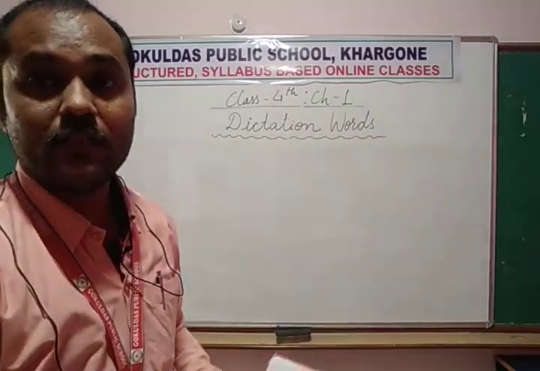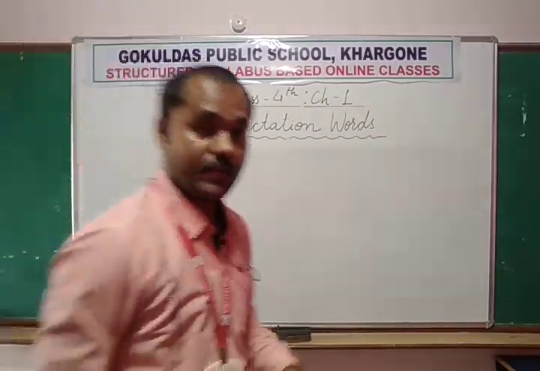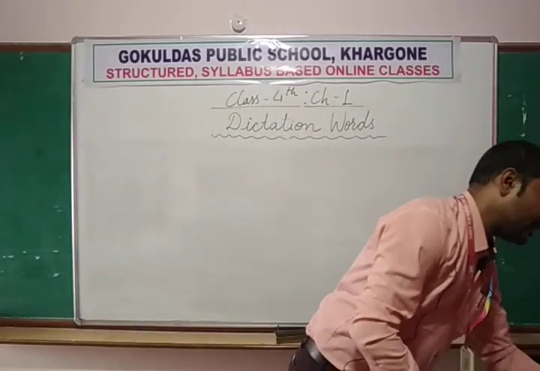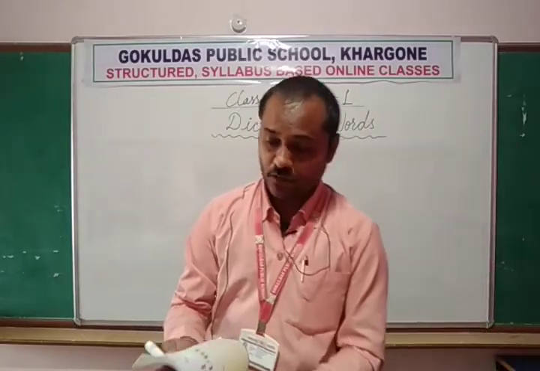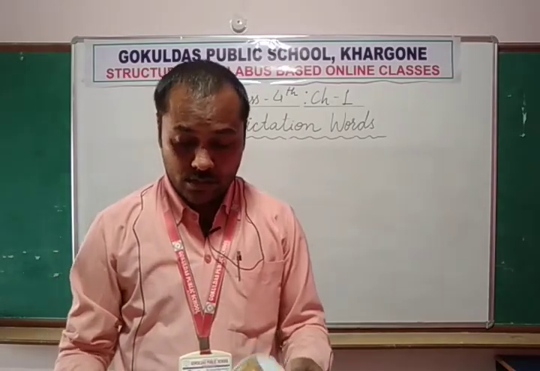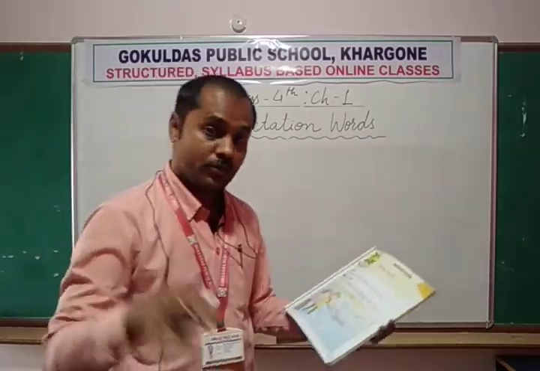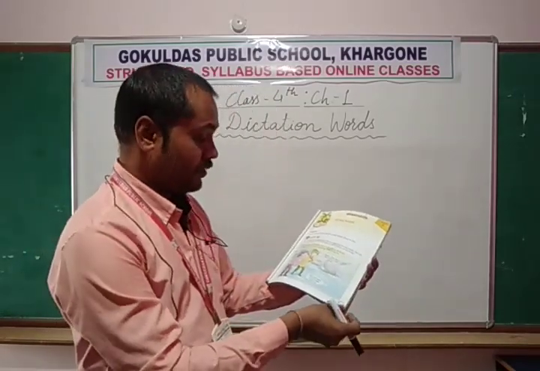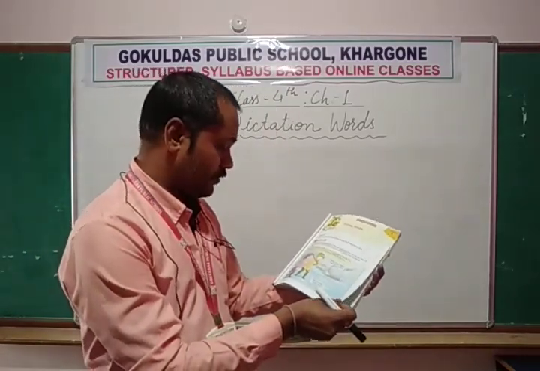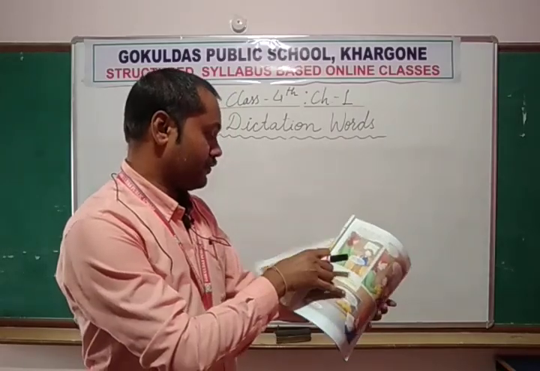Then we will start with the word meanings. What are the word meanings? If you see in your book, there are some words given at the bottom of every page. On page number 1, we don't have any word meaning.